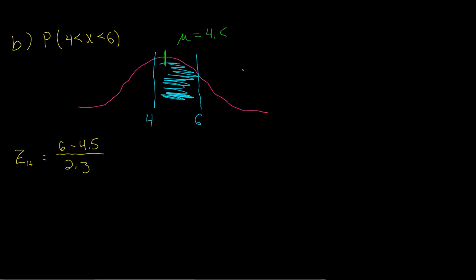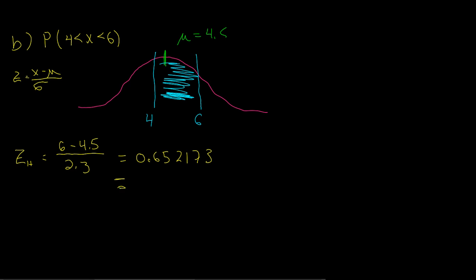I had done a video before on the z score, but if you want to remember, it's your x value minus your population mean over your population standard deviation. And so 6 minus 4.5 divided by 2.3 is 0.65217 and so on.